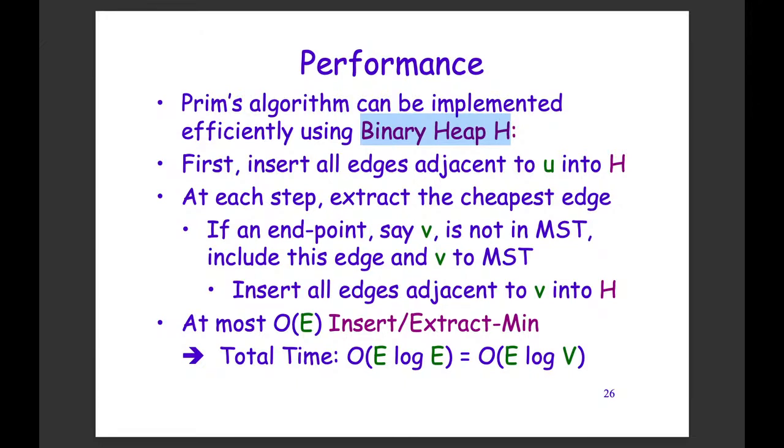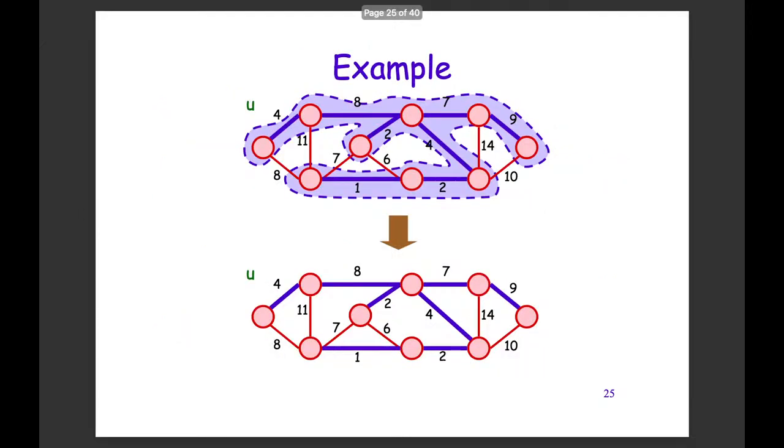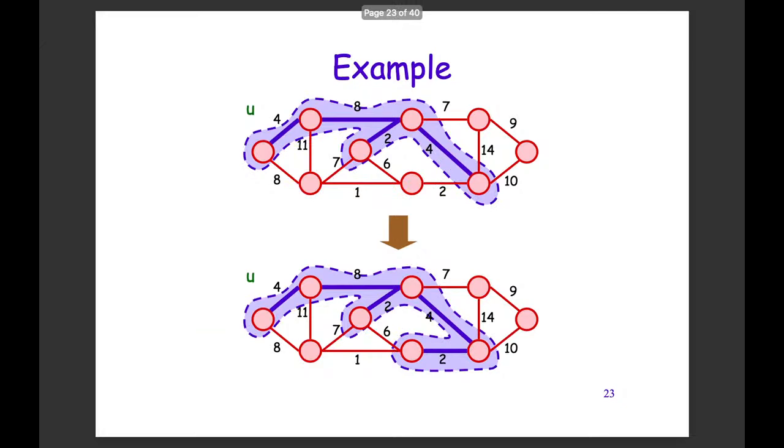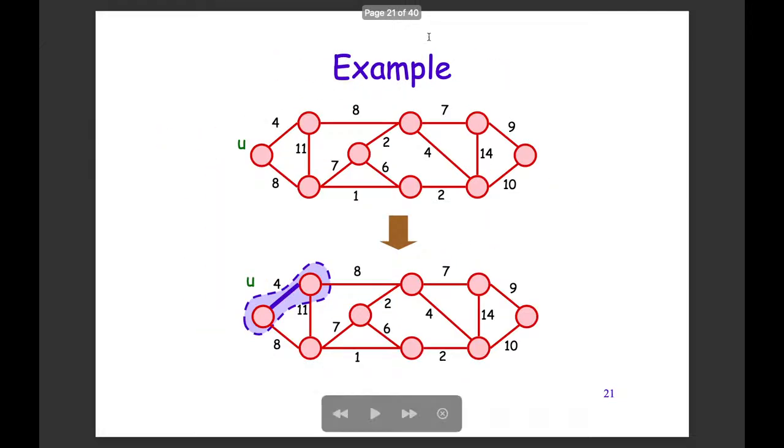So what is the binary heap doing? It is keeping track of the best way that the source node can connect to a certain node. Initially, this is the source node, and we don't see anything in the graph, so all the nodes are not connected to U in any way. But when we select U as the source node, we see the edges connecting to U, like 4 and 8.